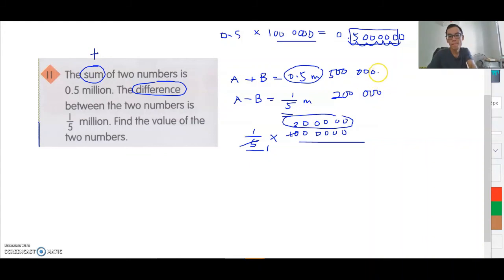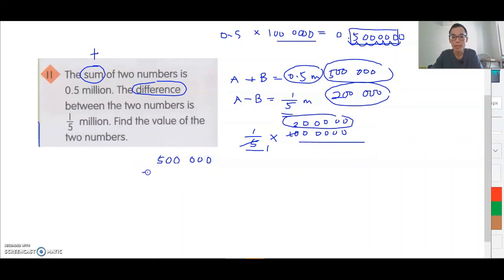Okay, so how do we find A and B? This is very similar to question 10. So I take 500,000, I minus 200,000 to find the smaller value first. Then later we find the bigger value. To find the smaller value among the two numbers, we minus, then we divide, just like question 10.